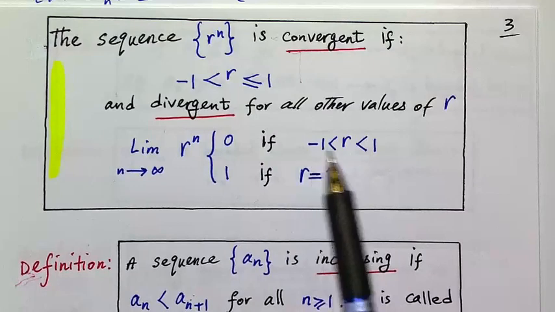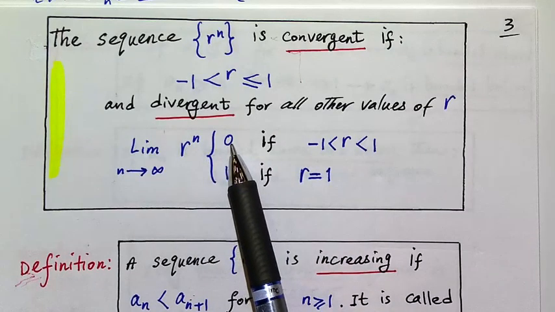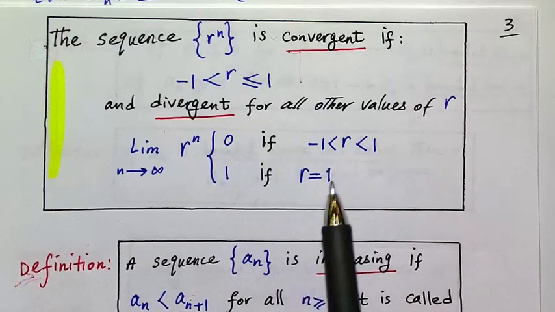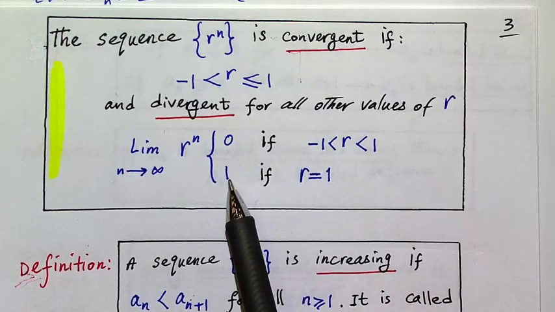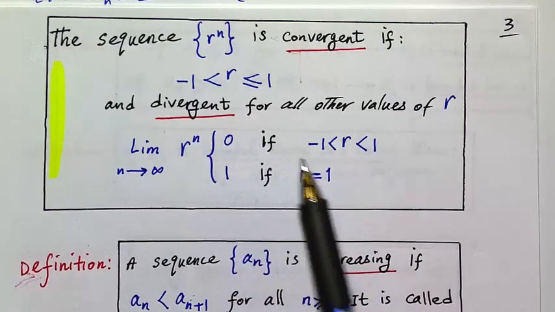For r between -1 and 1, that sequence converges to 0. For r equals 1, it converges to 1. Okay, so we have this case.